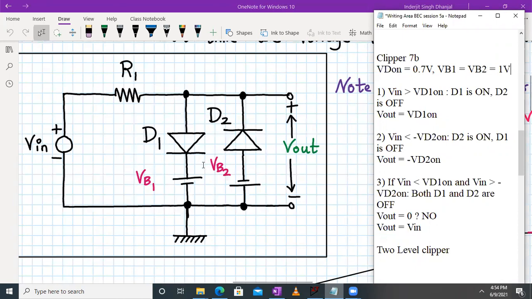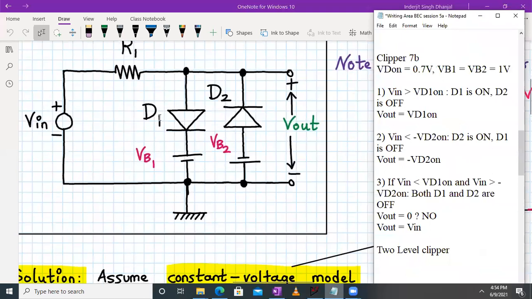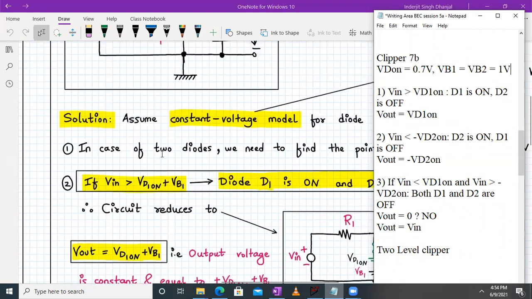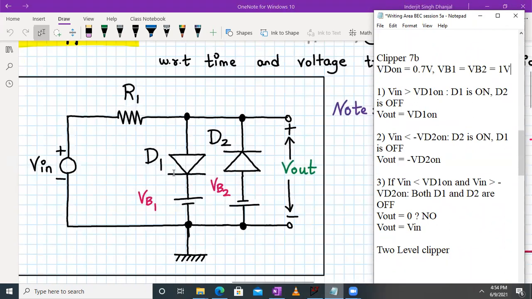Let's consider that. So diode D1 will be on when Vin is greater than VD on, and we have this additional voltage. So it should be minus or plus? It is not helping, it is opposing diode D1 to turn on. So it has to be plus, because we have to additionally apply that voltage. So here it will be plus VB1. Whenever Vin is greater than VD1 on plus VB1, then diode D1 is on and diode D2 is off.